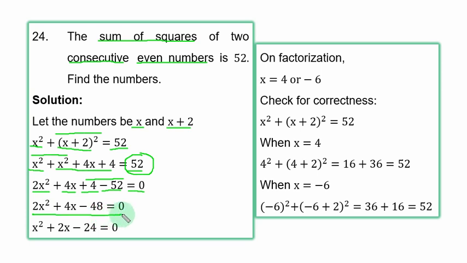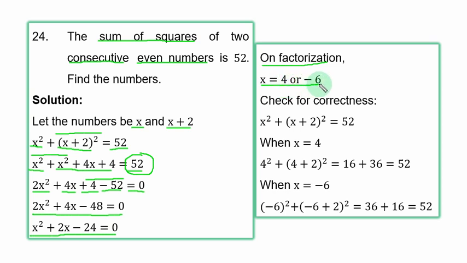You can divide through by 2 to reduce the coefficient, since 2 is common. When you divide through by 2, you have s squared plus 2s minus 24 equal to 0. If you factorize, your result is s is equal to 4 or minus 6.